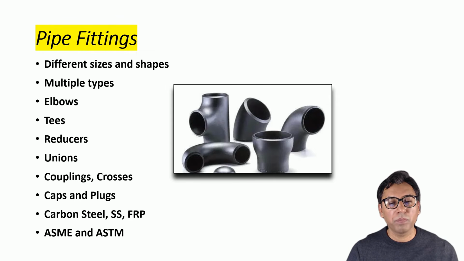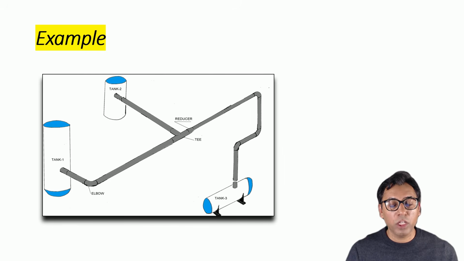Now let's use pipe fittings in our example and see how our piping looks now. We will use here a 90-degree elbow, equal T, and reducer. So you can see we have successfully installed pipe fittings and our piping system is in a bit of shape now. Pipes are successfully connected, but in the next step we need to connect pipe ends with tank nozzles.